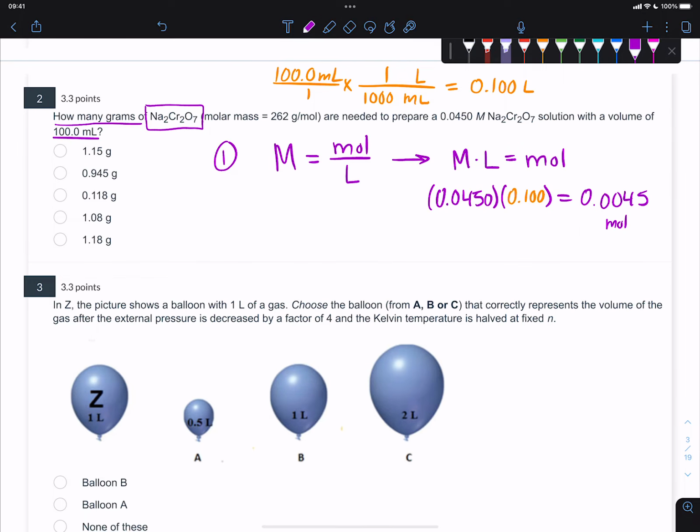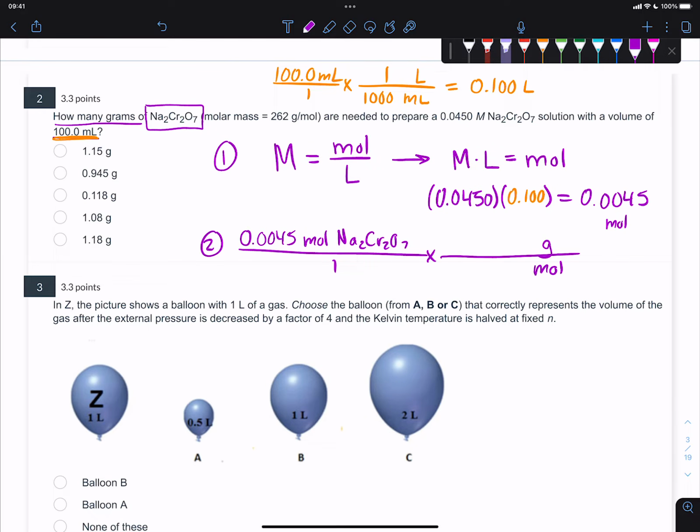So step 1 is to find the number of moles, just being careful that your volume is actually in liters. Once we find the number of moles, step 2 says we're going to do a molar conversion. 0.0045 moles of the Na2Cr2O7 all over 1, and we're just converting that from moles to grams, and we're given the molar mass.